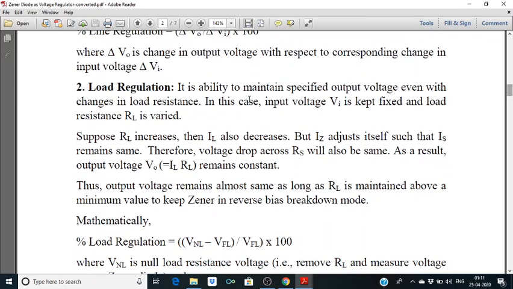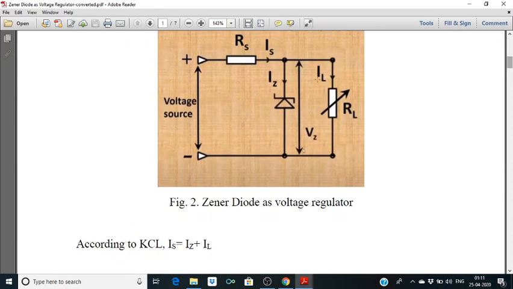Suppose RL is increased, so IL will decrease, but IS is constant, as we have constant Vi and constant VZ. So IL decreases, IS is constant, so IZ increases.